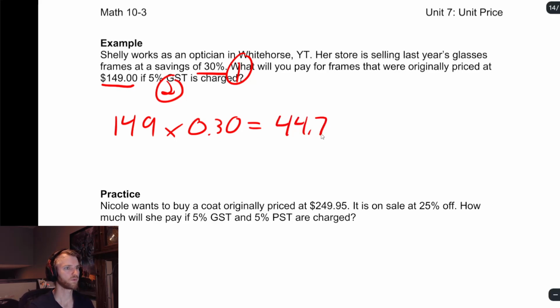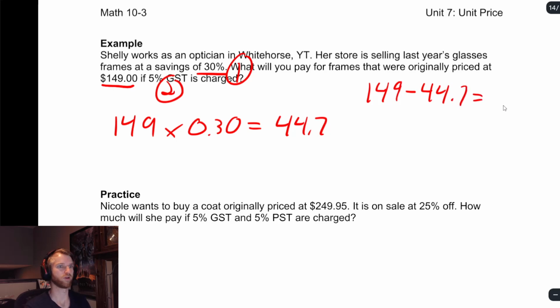This is about 150, and 10% would be 15, so 30% would be 3 of those, which is like 45. So 44.7 makes sense. Now this is how much we're taking off. We took 30% off, so it's going to be 149 subtract the 44.7 to give us the sale price.